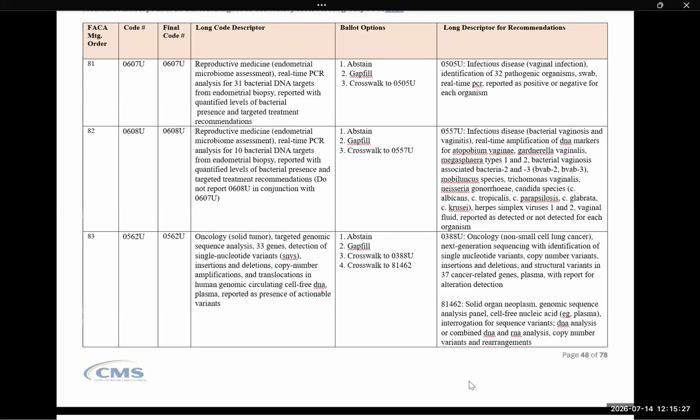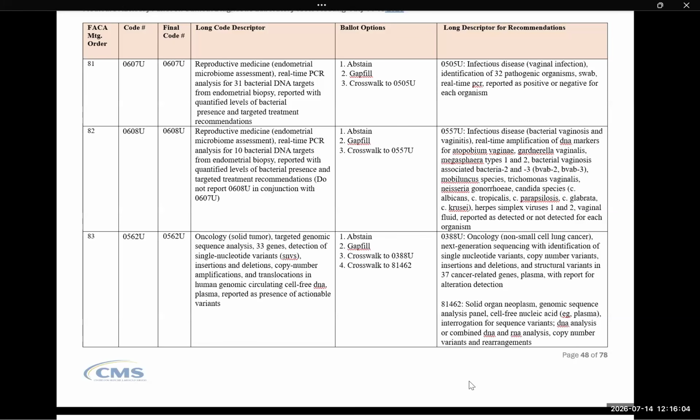0562U, and Dr. Bridges will be taking this one. This is LabCorp's, I think, Personal Genome Diagnostics, PGDx Elio plasma focus Dx, an FDA de novo authorized liquid biopsy test working from plasma cell-free DNA.